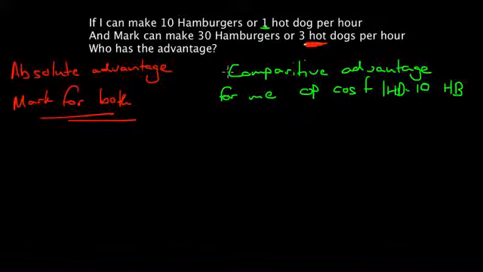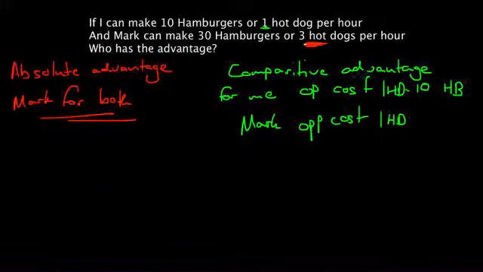Now, Mark's opportunity cost for 1 hot dog equals, so if he makes this 1 hot dog, he's foregoing 10 hamburgers as well. Okay, so he's also got 10 hamburgers.